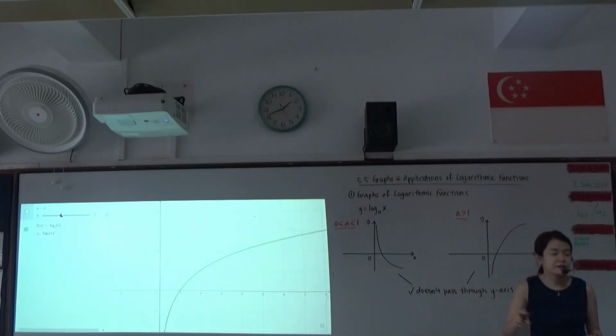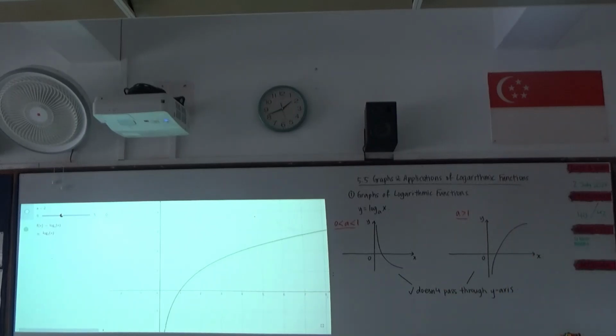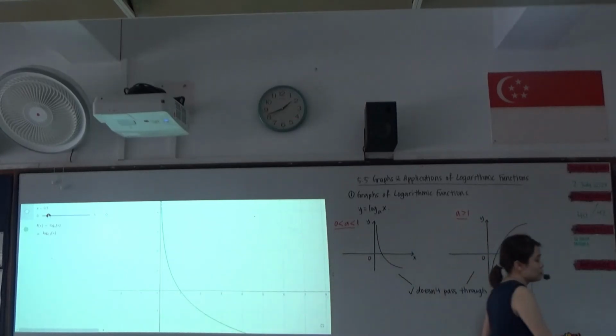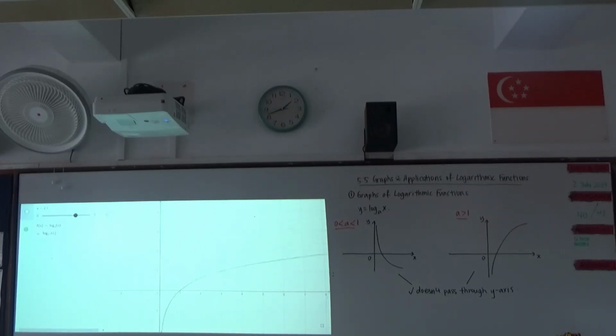Okay, notice that as you scroll through the bar, in both cases, there is like a hinge point or pivot that doesn't change. You notice that it always hinges at this x-intercept or value of 1. Okay, so it never gets away from 1 at all.